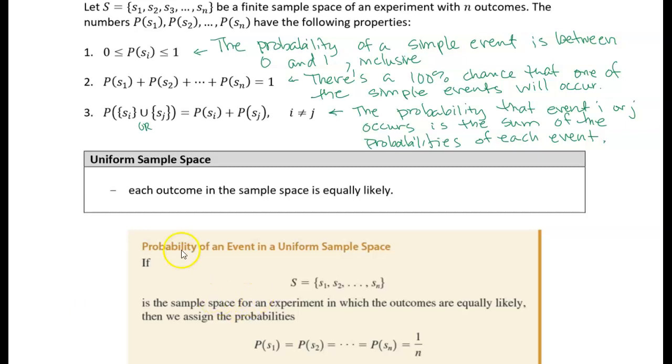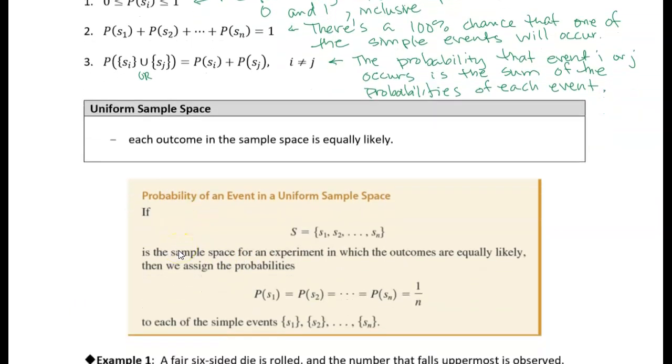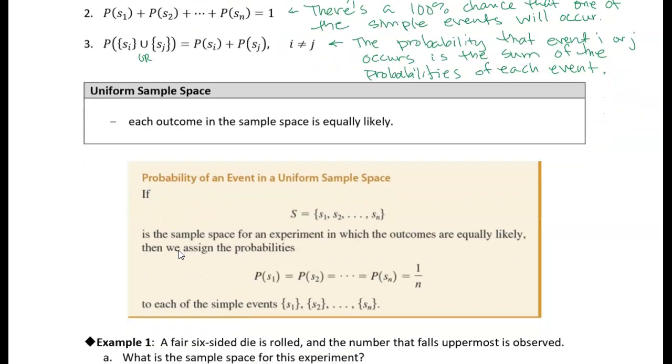So when we have a uniform sample space with n possible outcomes, the probability of each outcome is just 1 out of n. That makes sense because each one is equally likely, so it represents 1 out of n possible outcomes. Well, that takes care of this introduction to this section on probability, and I will meet you in the next example.